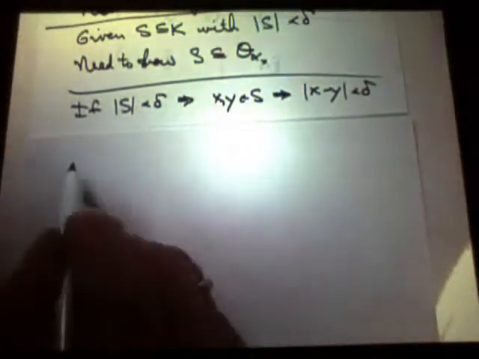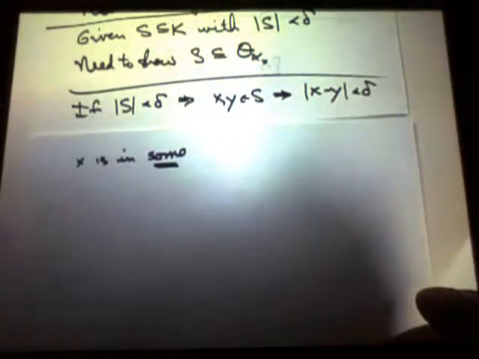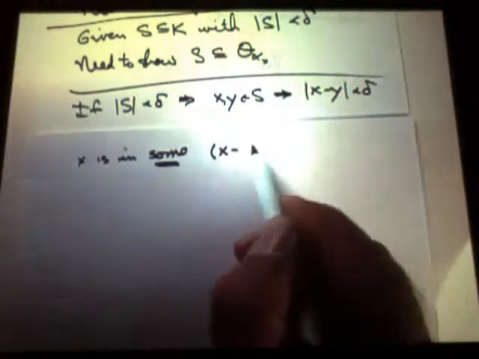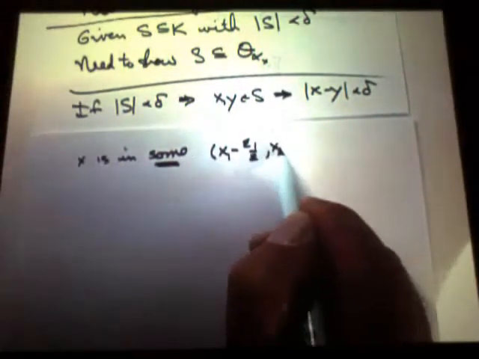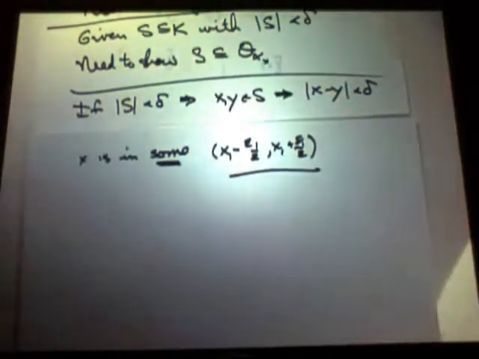Okay, x is in some interval x_i minus epsilon i over 2, x_i plus epsilon i over 2, because these as a group cover K, right?